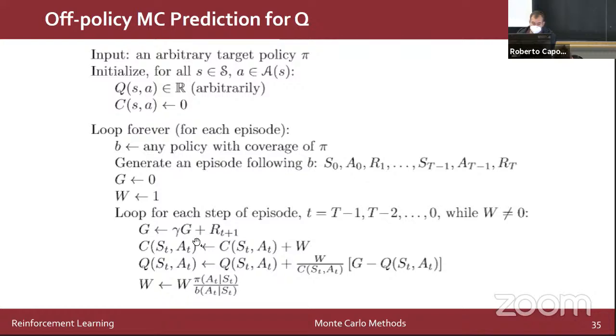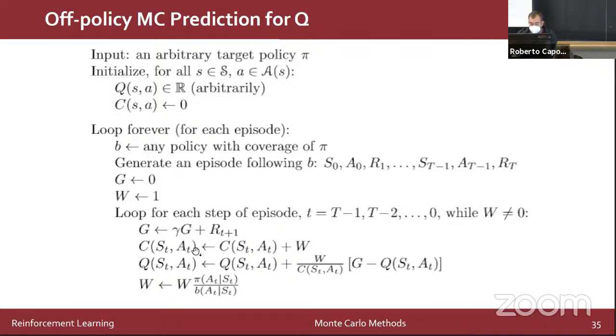We estimate incrementally, as we already saw last time, the return as the discounted sum of the next return plus the current reward. Note that here we are moving backward. This is why we are able to do this, right? We are using our latest estimates for the return, and we are going backward so we can discount just the return and sum the older reward.